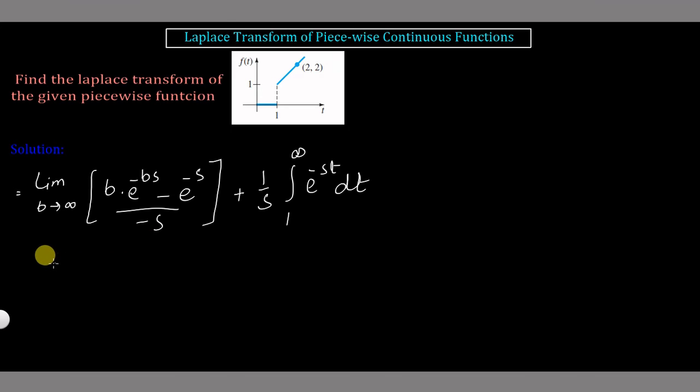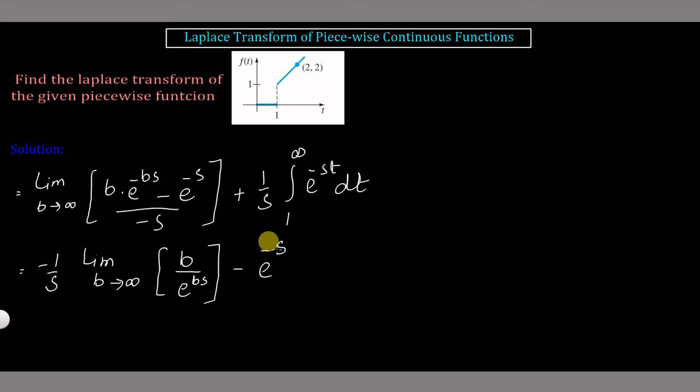So just check, if we take minus 1 over s out of the limit, the limit will be applied only on this particular function. Here you can see b over e raised to the power bs, and this is actually a constant, so we will not apply the limit over here, or you can say if we apply it, nothing will happen because there is no b involved in this expression.